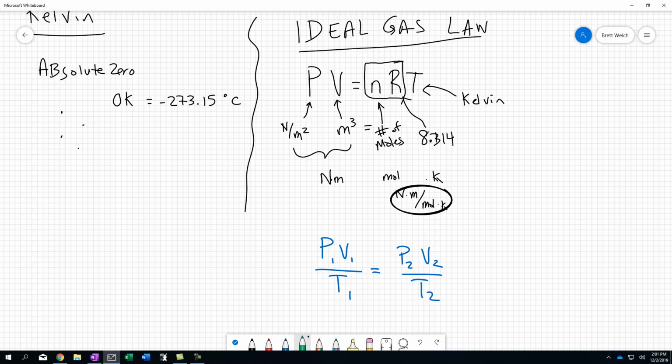Key idea here, though, this does give us some flexibility. Because n and R are no longer in the problem, what we have is a pressure equal to a pressure, a volume, and a temperature. Temperature still must be in Kelvin.